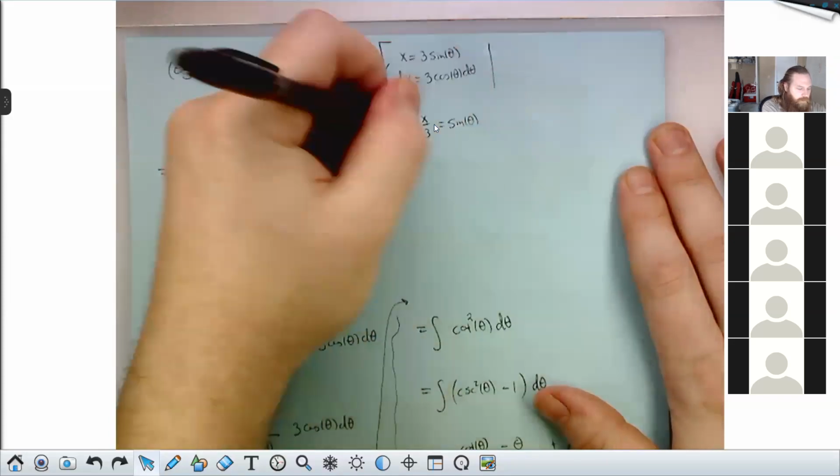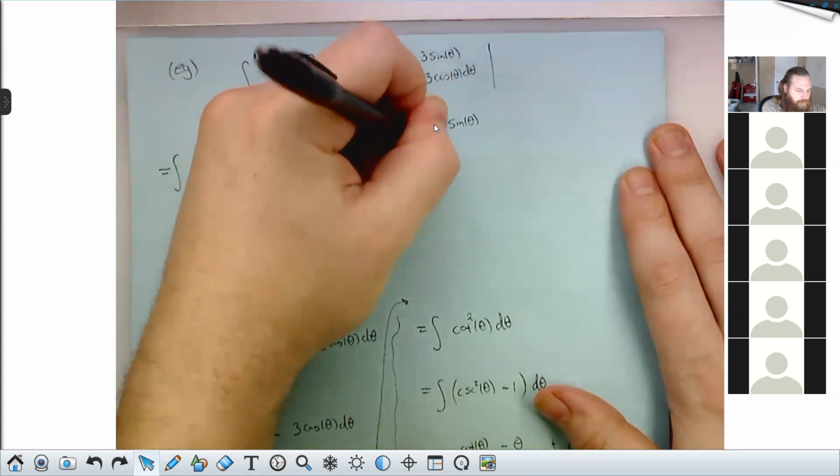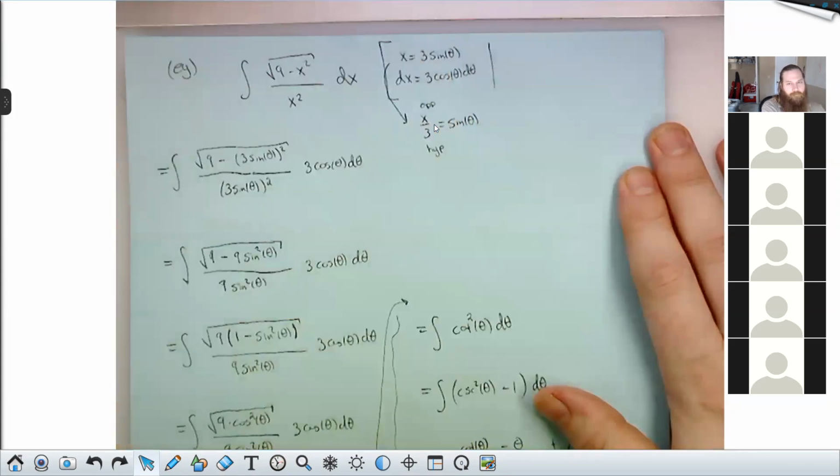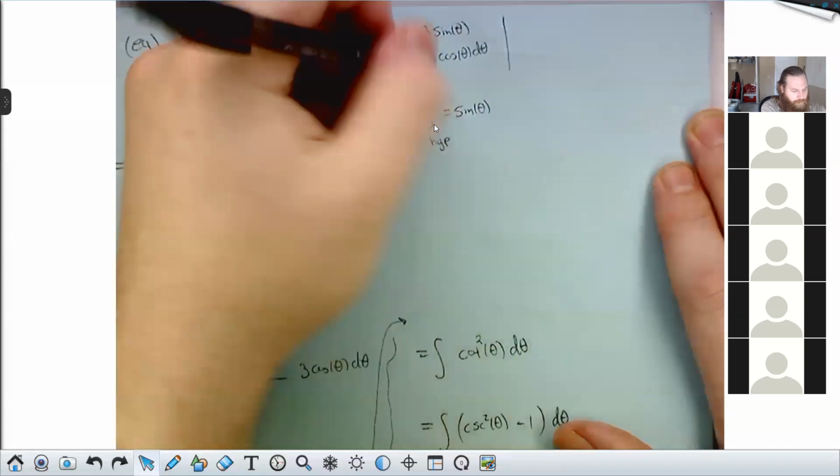And you know that sine theta is the opposite over the hypotenuse, right? That's SOHCAHTOA, yeah, hypotenuse.